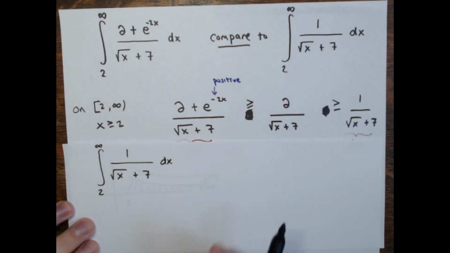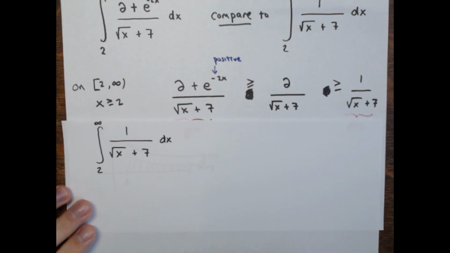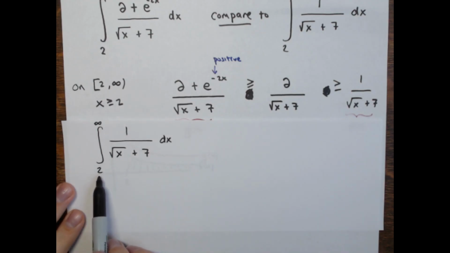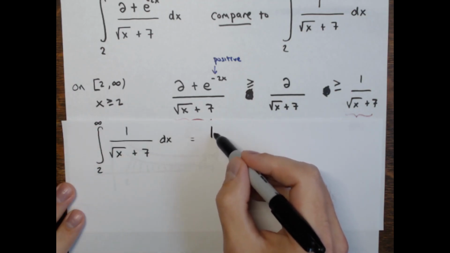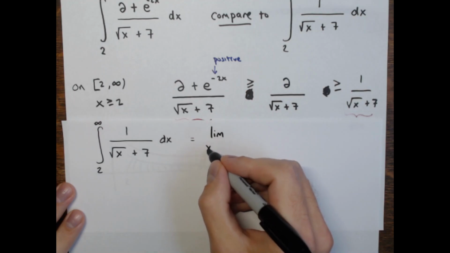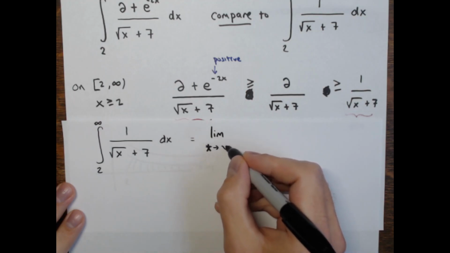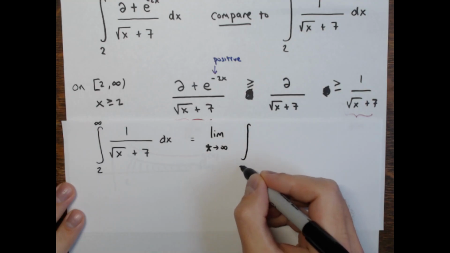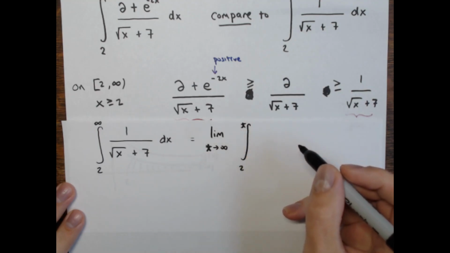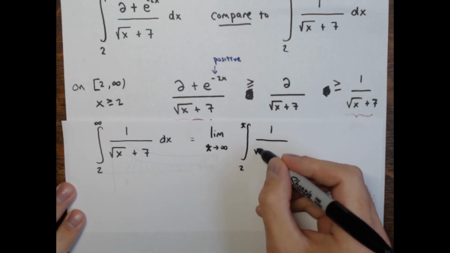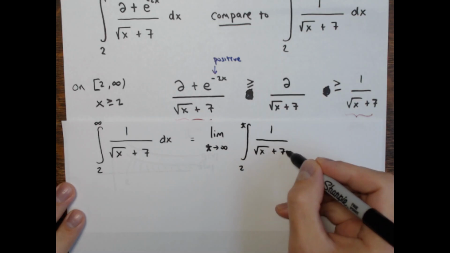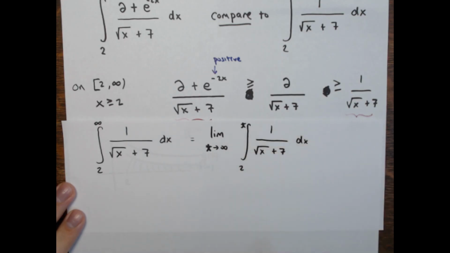Again, this is a limit, as t approaches infinity, of the integral from 2 to t of 1 over the square root of x plus 7 dx.